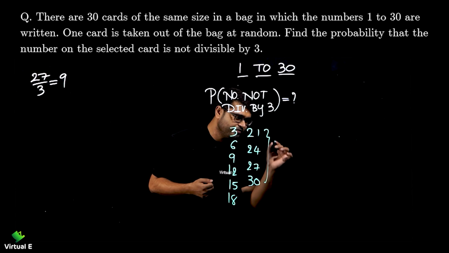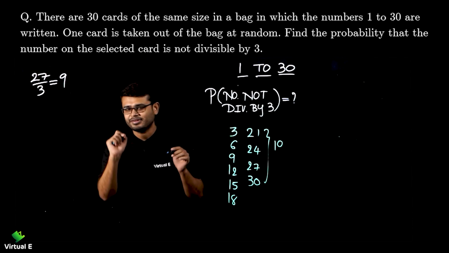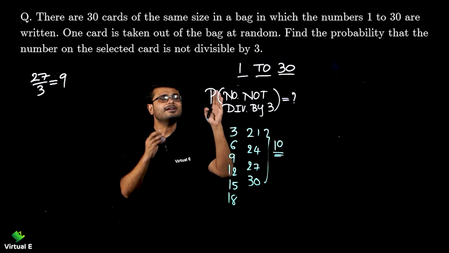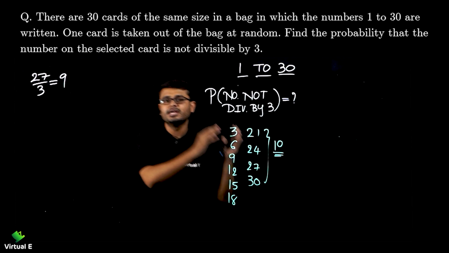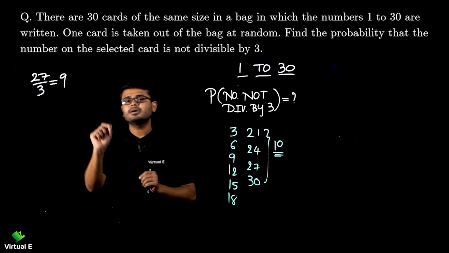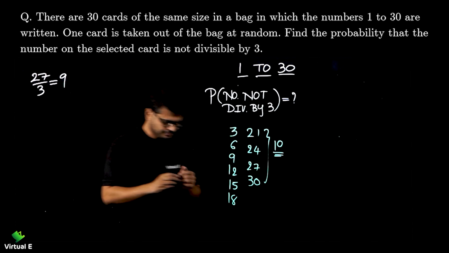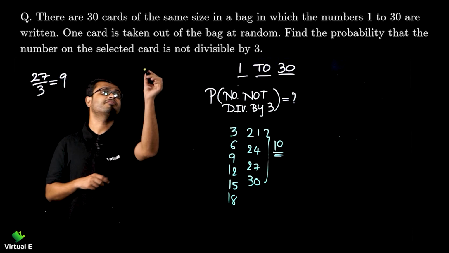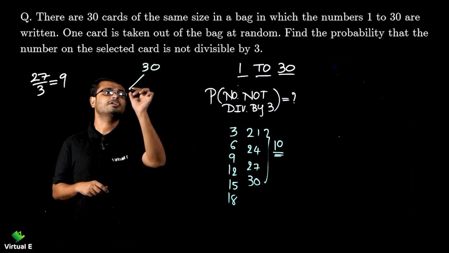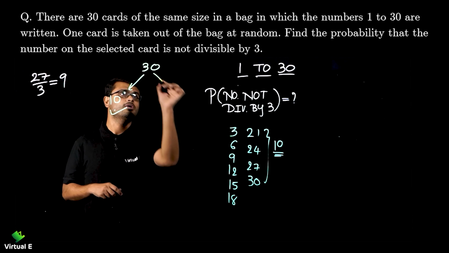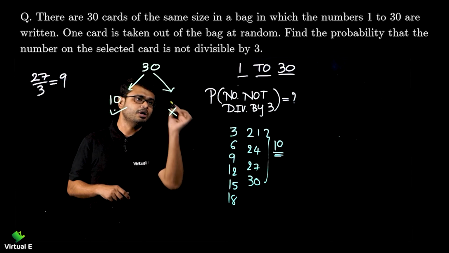So there are 10 numbers between 1 to 30 which are divisible by 3. So how many numbers are not divisible? Very interesting point, pay attention carefully: out of 30, 10 numbers are divisible. So how many are not divisible?